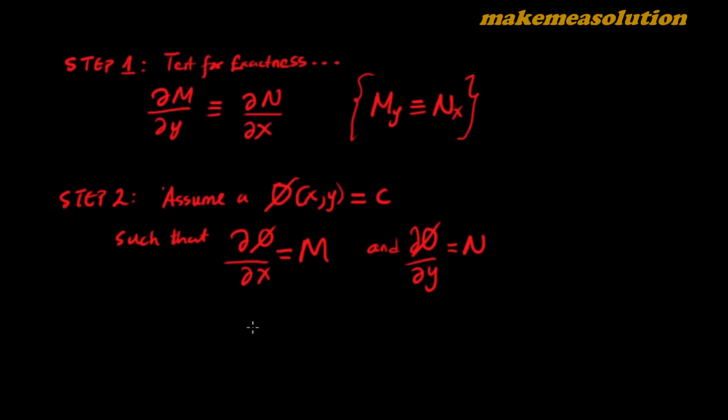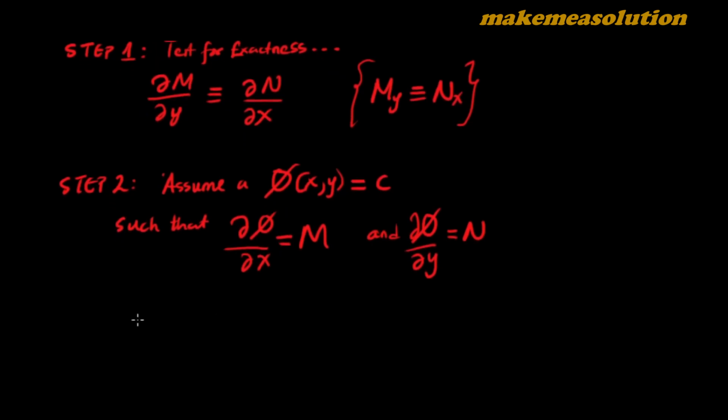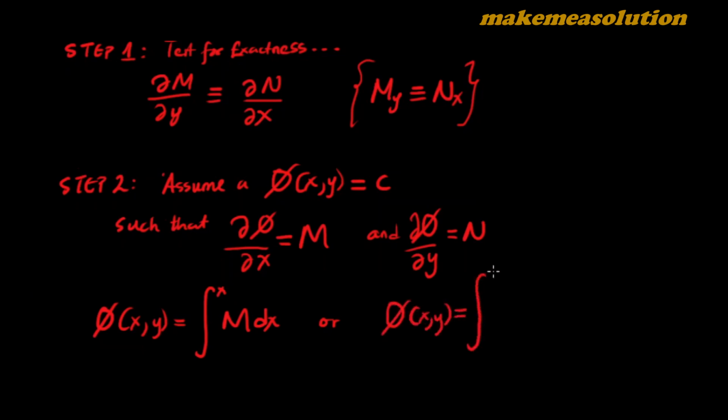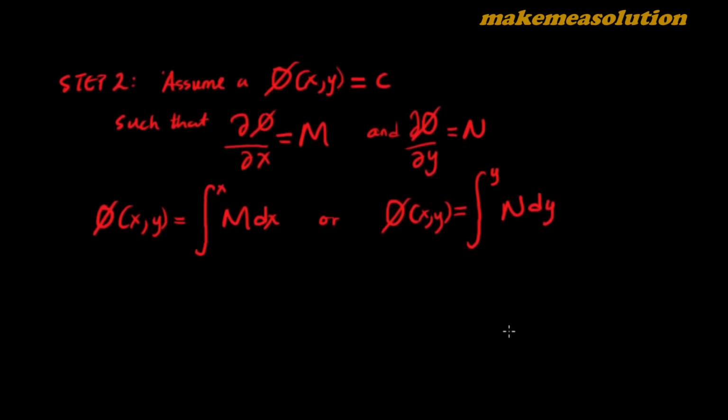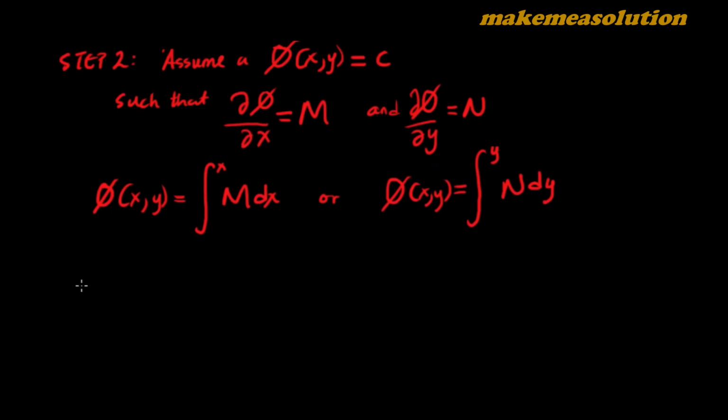After making these assumptions, you discover that your phi of x comma y can be gotten with two approaches. The first is when you take the partial integral of m with respect to x, or phi of x comma y can be gotten when you take the partial integral of n with respect to y. So these are two ways of getting your answer.